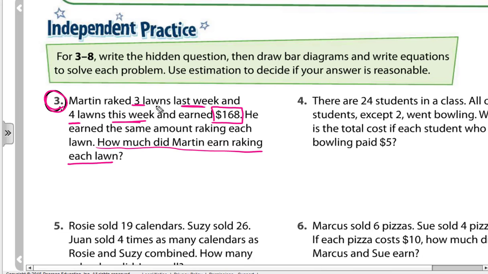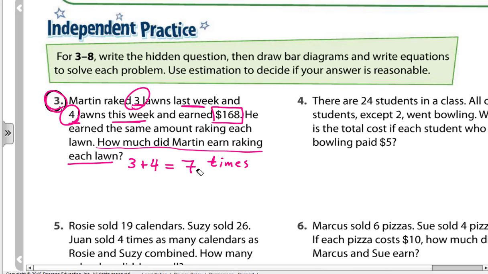So what's the total number? 3 plus 4 equals 7. 7 times of wrecking the loans.